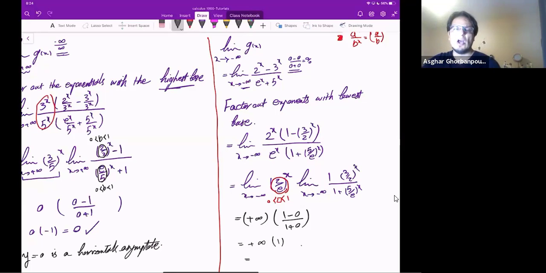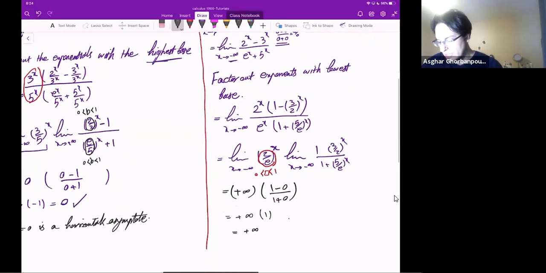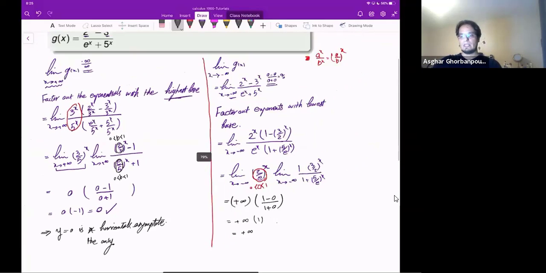So you have a large number, and you multiply it by 1, you still get a large number. For this part, we didn't get a number. So it means that we don't have any other horizontal asymptote. This is the only horizontal asymptote of this one.